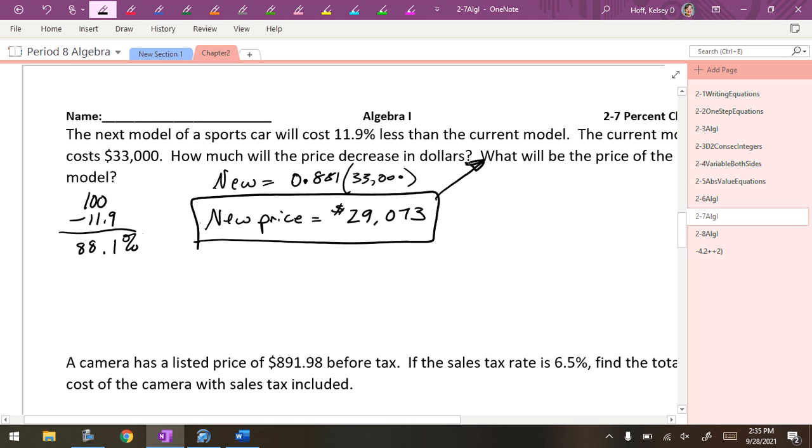What is the price of the new model? But the other question says, how much will the price decrease in dollars? Subtract them. 33,000 minus 29,073.